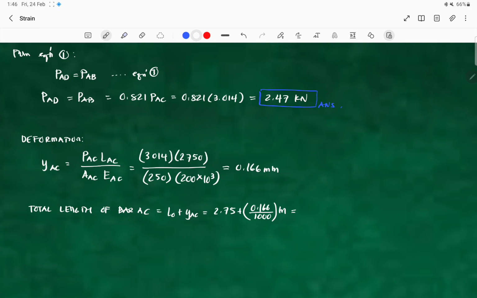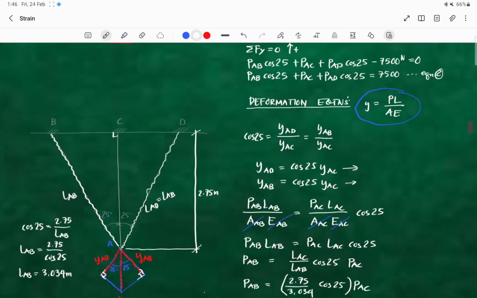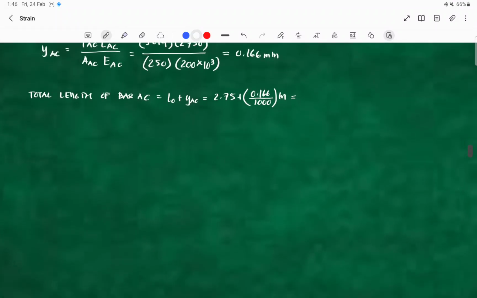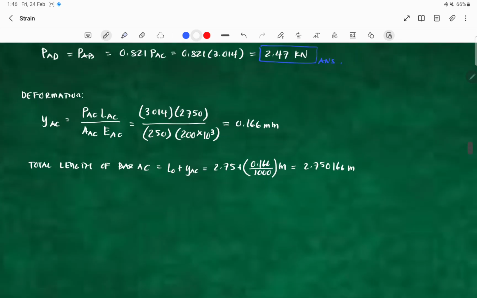So sobrang liit, no? Pero makikita natin sa deflection natin is exaggerated siya, no? Just for the sake na makompute natin. Okay? So we have 2.750166 meters. So yan yung magiging total length na nung bar.